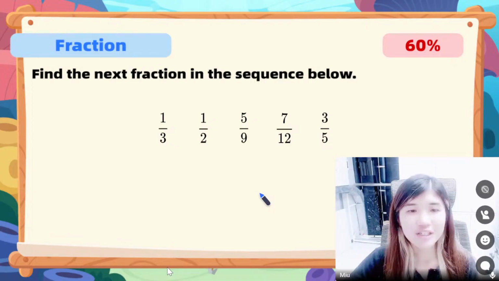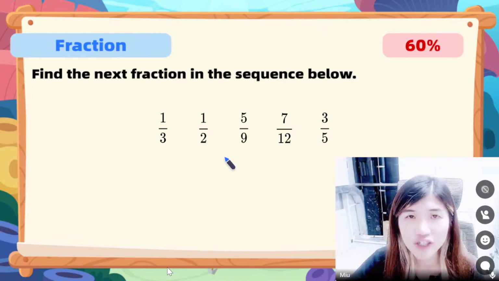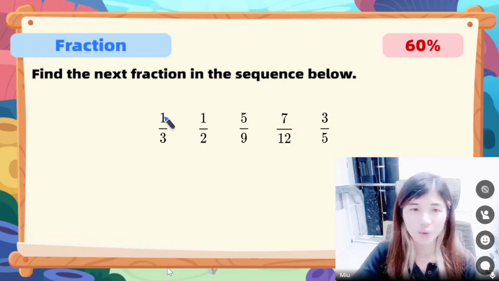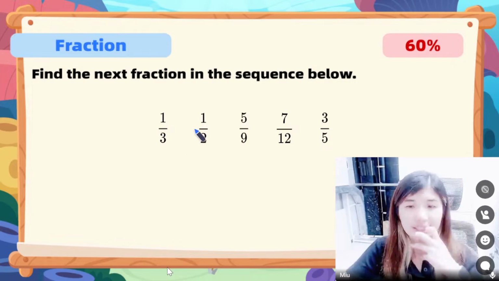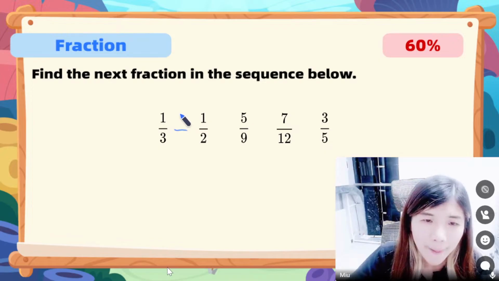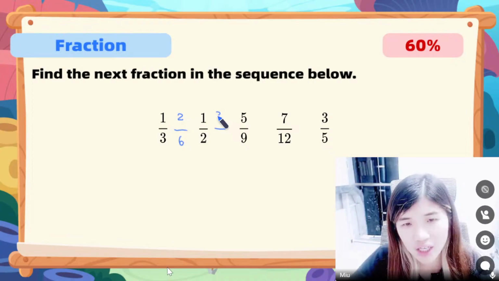It's actually very easy. Since you are comparing, you can just try to make them the same denominator first, which is like 1 over 3. Then make them the same denominator, which is like 6, right? That is like 2 over 6 and then 3 over 6.